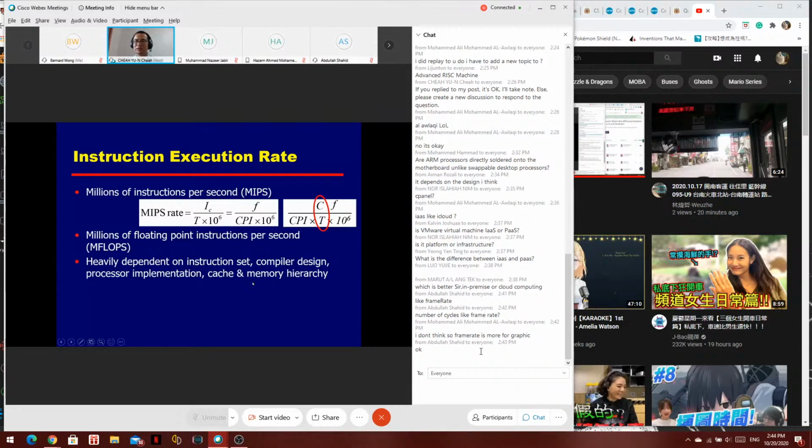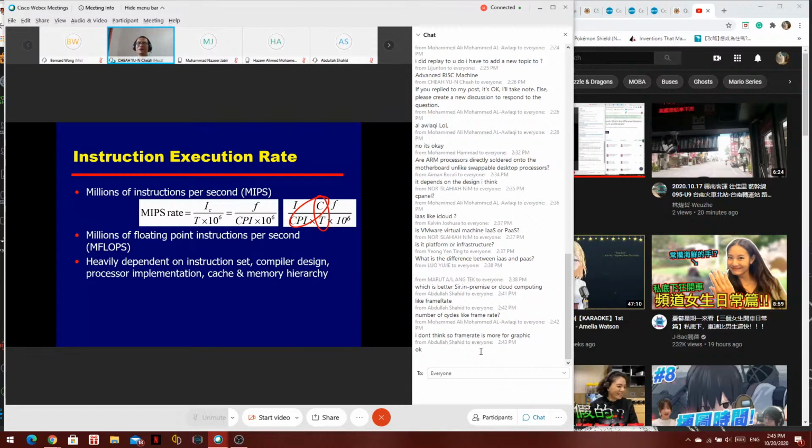And if you also notice, cycles divided by cycles per instruction is actually the number of instructions, isn't it? The total number of cycles, if you divide it by cycles per instruction, you will get the total number of instructions. So if you notice the working on the right side of the screen, that will take you back to I per t times 10 to the power of 6.